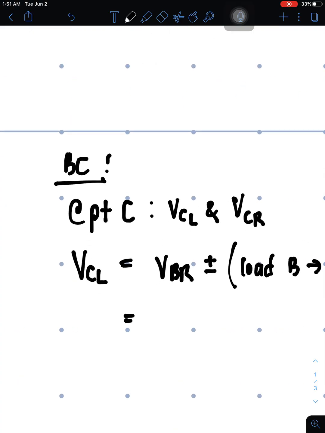And then copy the VBR. VBR is negative 170.